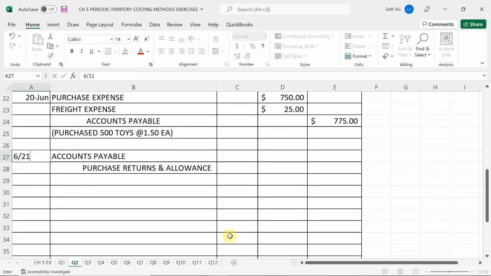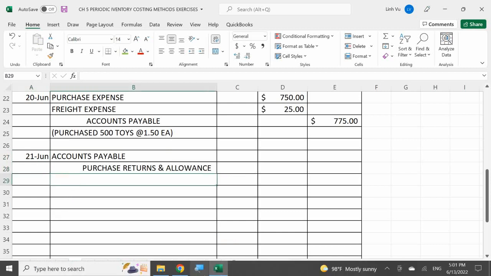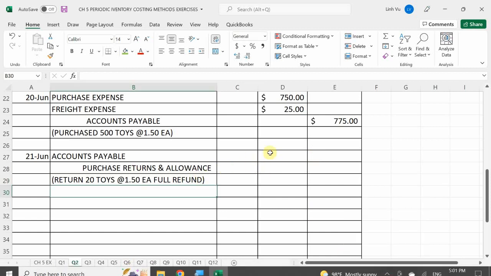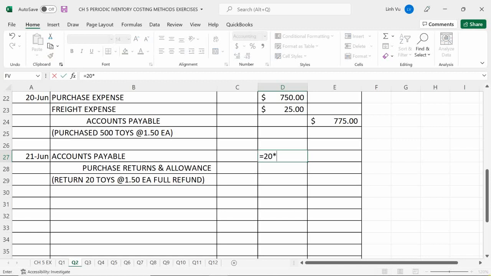On June 21st, I return 20 toys at $1.50 for a full refund. So 20 times $1.50 should give me $30.